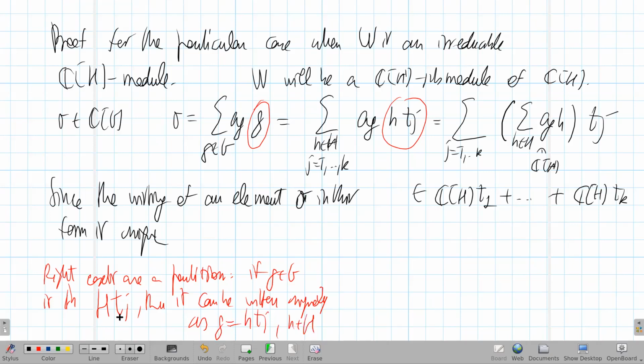So there is a unique coset in which g lies because cosets are a partition, and then of course there is a unique h, which is just g times the inverse of Tj, in H. So since the writing in this form is unique, this means that this is a direct sum.